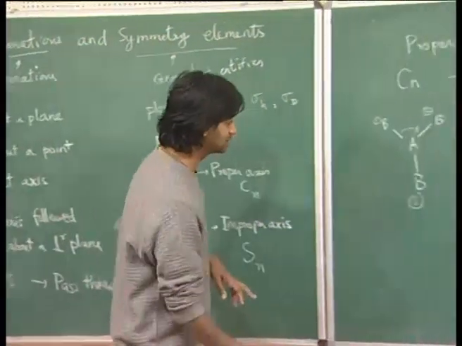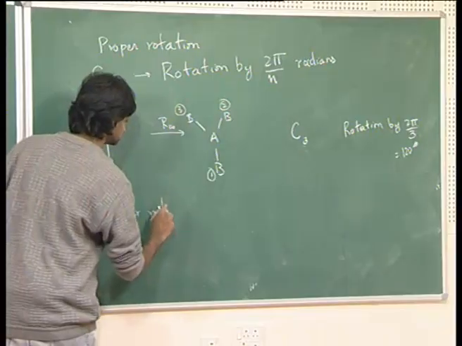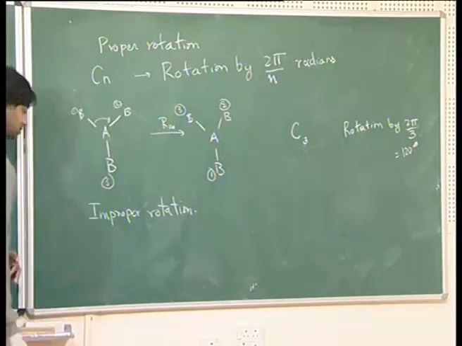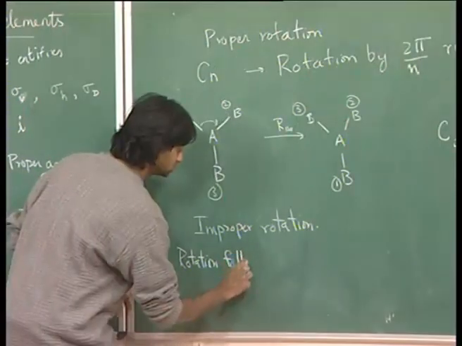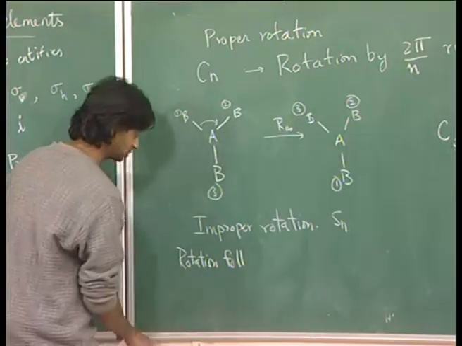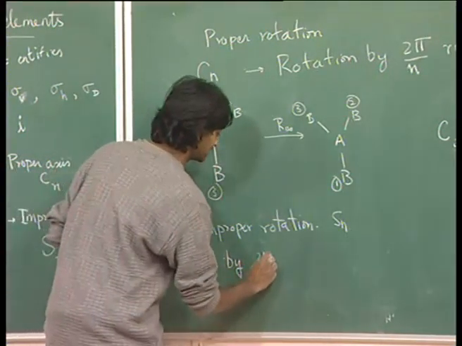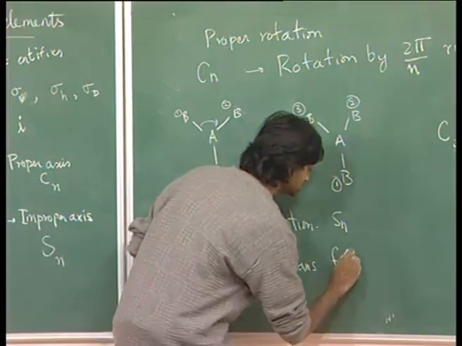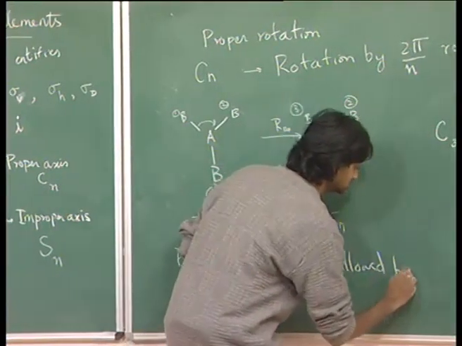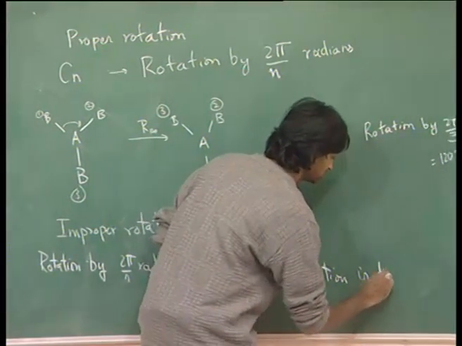The other thing is the improper rotation. This is rotation by 2 pi by n radians, followed by reflection in the perpendicular plane.